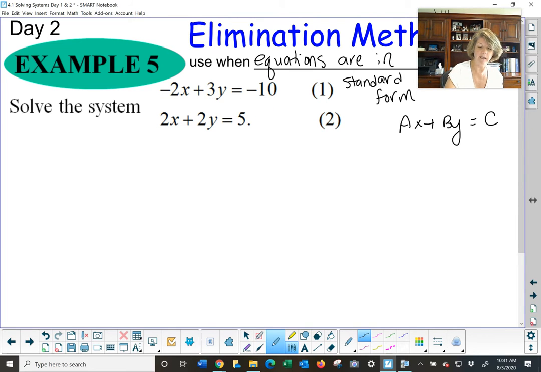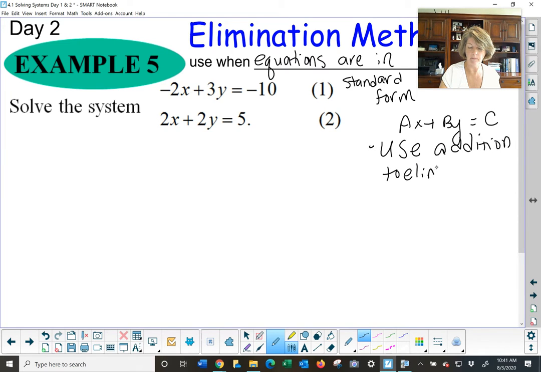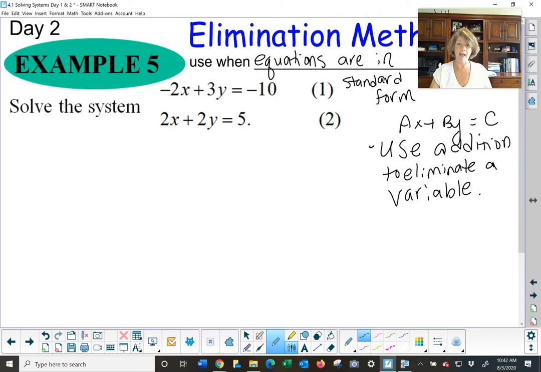We want to eliminate a variable. And we can use addition to eliminate a variable. Okay, so that's the main idea.